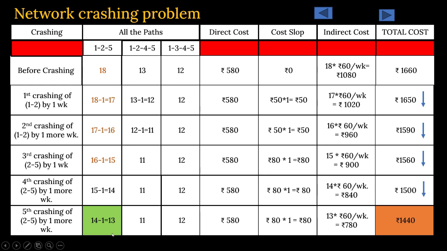Now after crashing, our project duration has come down to 13 days. Initially 18 days, the total cost involved was 1660. After crashing it is 13 days duration and cost has reduced to 1440. So in both the cases it is beneficial for you. That's why you go for project crashing. You got my point.